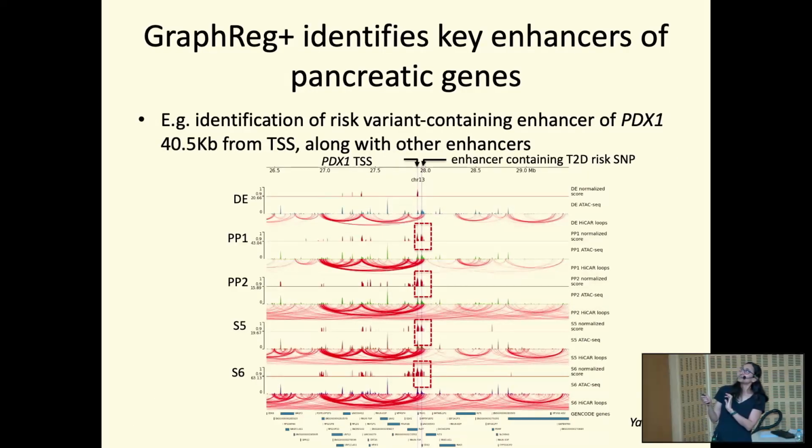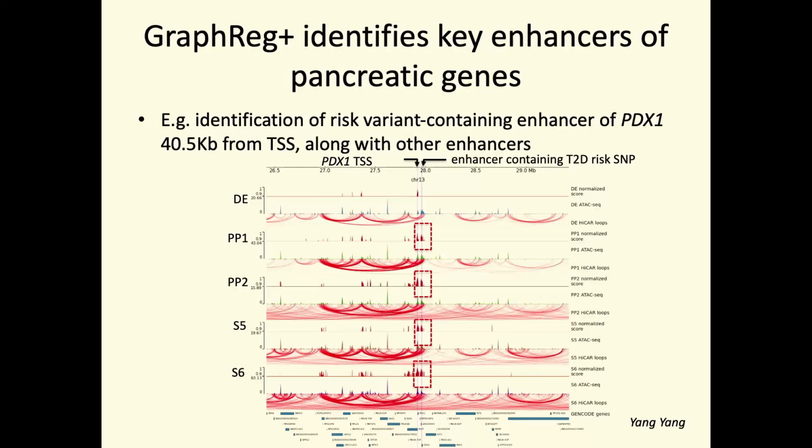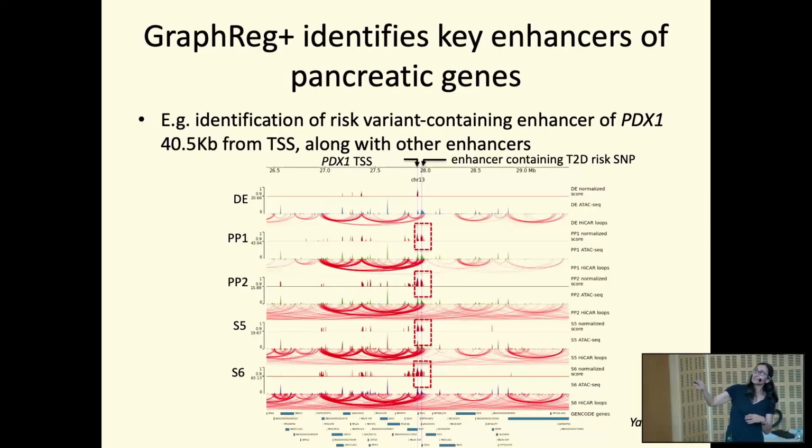Here's another example, the PDX1 example that I showed before, and this is another enhancer containing a T2D risk SNP. It's only 40 kb or so from the transcription start site, but we can see that it's important at all the later stages.